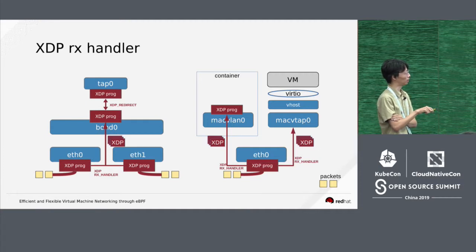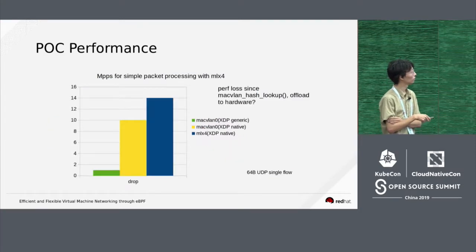And in these stacked devices, not all the logic can be realized in XDP, but we have the XDP path. And when the logic is very complicated, we can use the traditional path to deal with it. This is a POC, and the performance is realized in the MAC-VLAN.